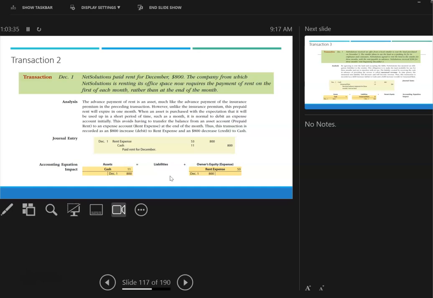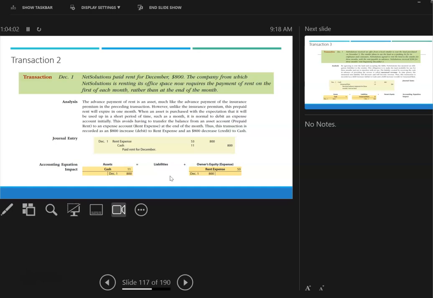Next, the advance payment of rent is an asset, just like the advance payment of insurance. However, unlike the insurance premiums, this prepaid rent will expire in 1 month. When an asset is purchased with the expectation that it's going to be used up in a really short period of time, it's normally put as an expense account right away.